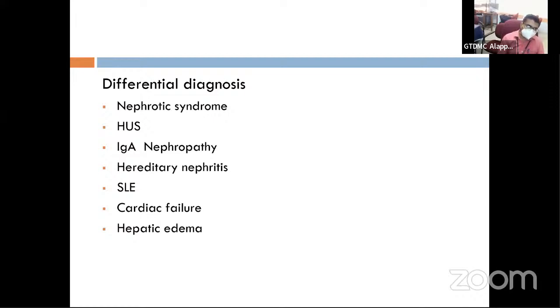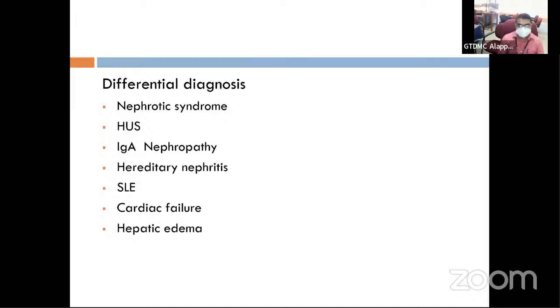Certain strains of E. coli and Shigella produce HUS. And by peripheral smear, you can get the diagnosis of HUS by looking at the microangiopathic hemolytic anemia and thrombocytopenia.